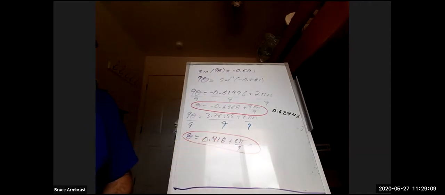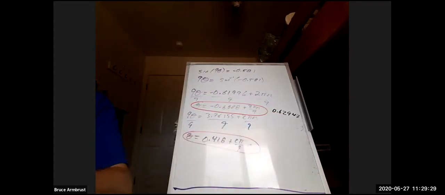Similarly, if I were to take that 2 pi over 9 and add that to the 0.418, I get like 1.1 something, which is going to be larger than this number. But that's all we got to do, is just keep adding our 2 pi over 9s until we get where we need to be.